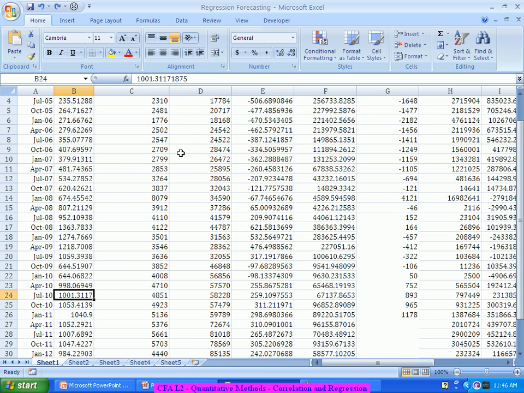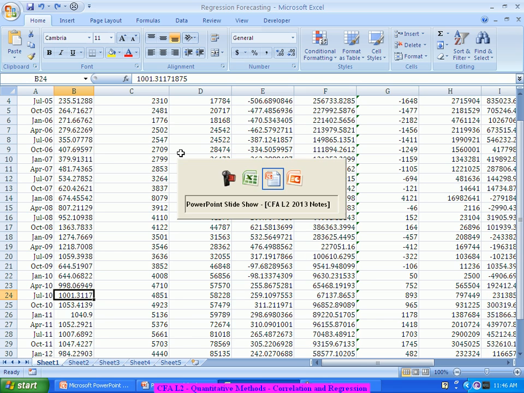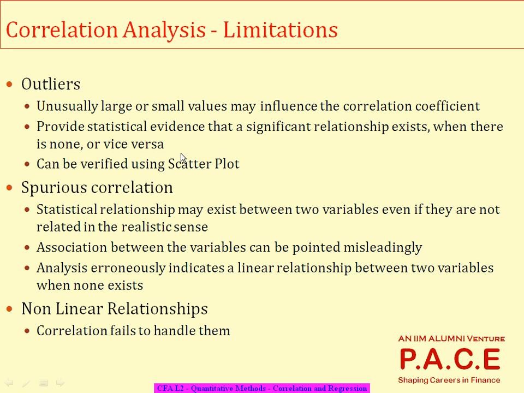The relationships are getting badly hurt. So that is what we are talking about, outliers. Very high or very low values can impact our correlations very badly. So one major thing we have to do as part of our analysis is, if there is any outlier in the data, better eliminate them.